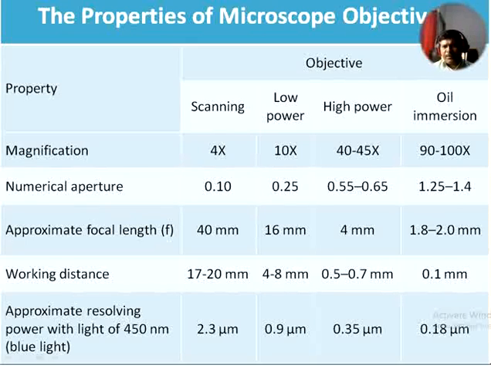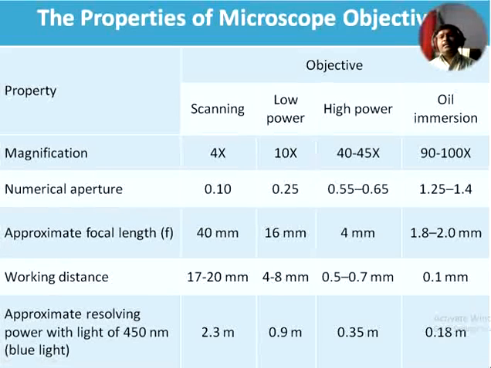In high power objective, it is 0.35 micrometer, and in case of oil immersion objective, it is 0.18 micrometer. These are the different properties of the objective.